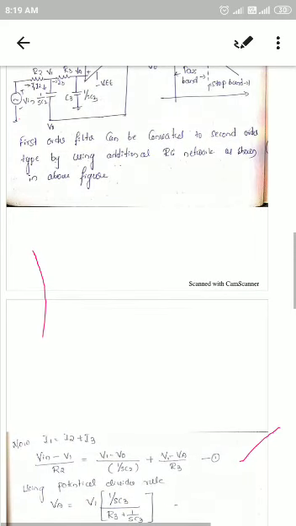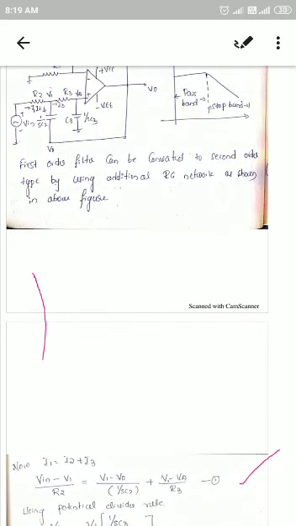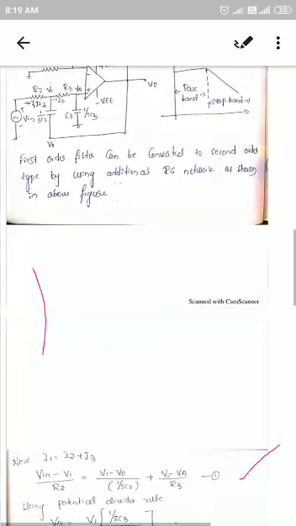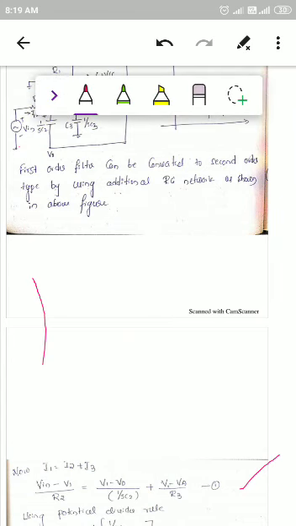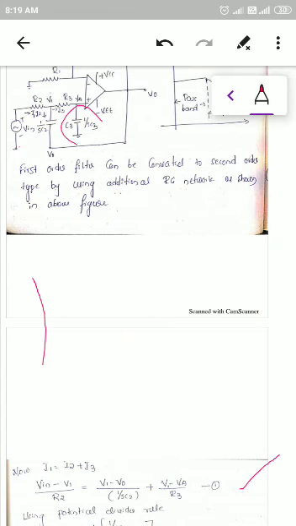VA is equal to V1 into the impedance of the secondary branch, 1 by SC3, divided by the total impedance.